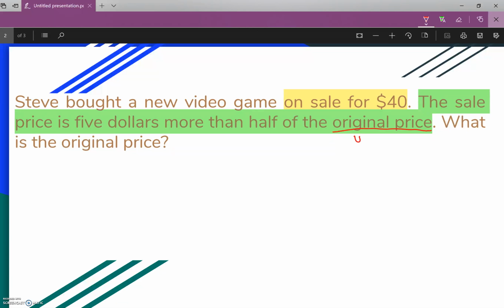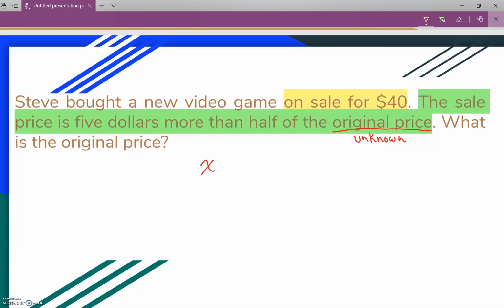If you think back to those 5 expressions that we wrote where it said a number, that is our original price. It's a number. We don't know it. So let's start with x. And again, x is going to stand for the original price.